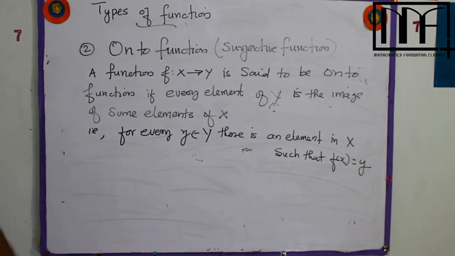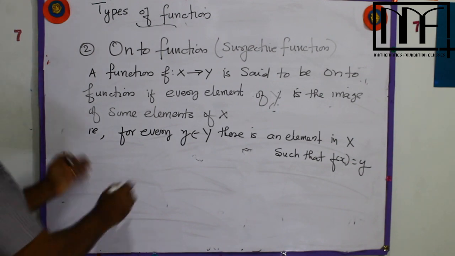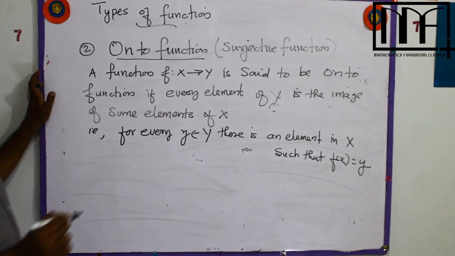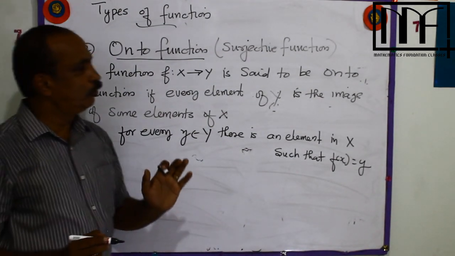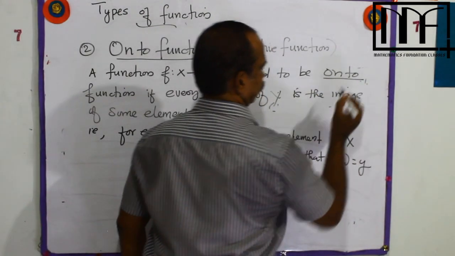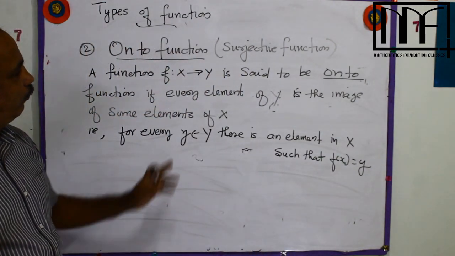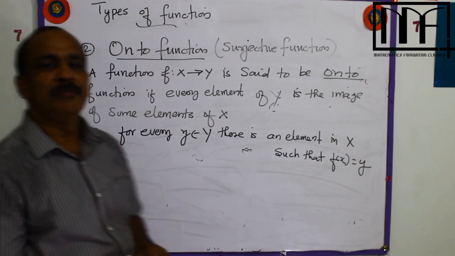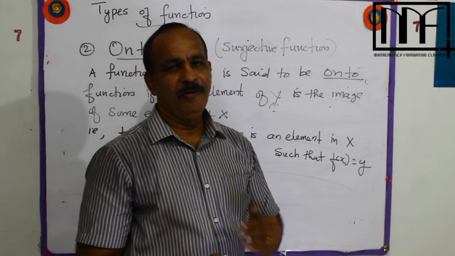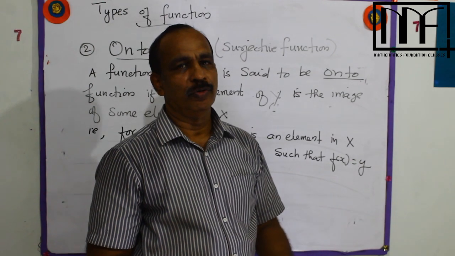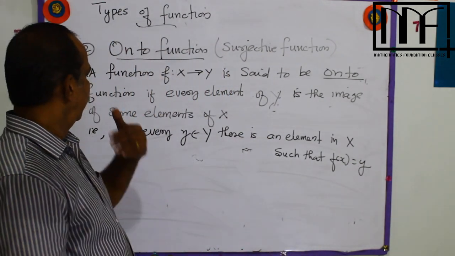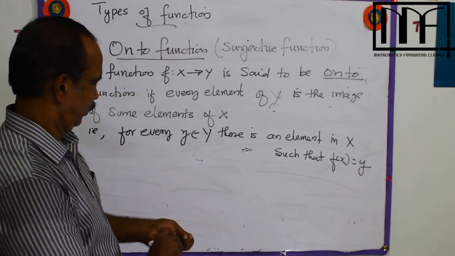It's very clear. Onto function, it is also called surjective function. A function f from X to Y is said to be onto if every element of Y is the image of some elements of X. For every element of Y, we know that Y is the codomain.